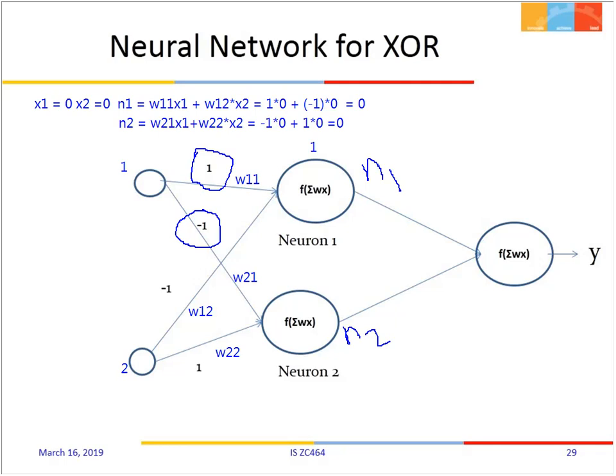And there should be some more weights. Sorry, this one should be neuron 3 basically. I must clean it and write again. This is neuron 3. So when you are connecting these outputs from neuron 1 to neuron 3, let me call it W31 and this one W32, right? So this terminology may help.